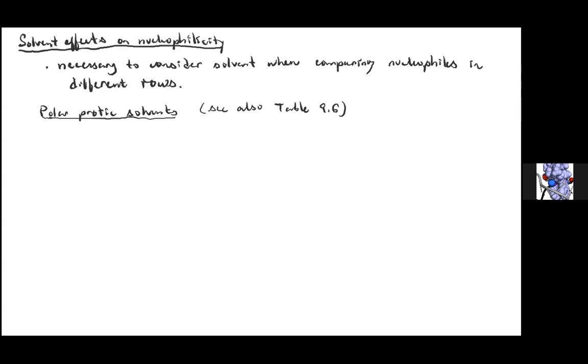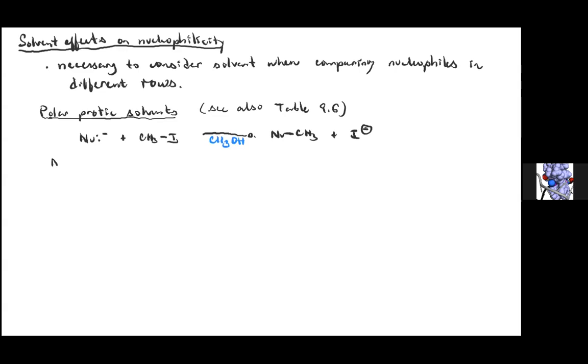So we'll consider some generic reaction of a nucleophile with methyl iodide. We'll use methanol as our polar protic solvent, and so we end up with NuCH3 plus I minus. Here's the data.